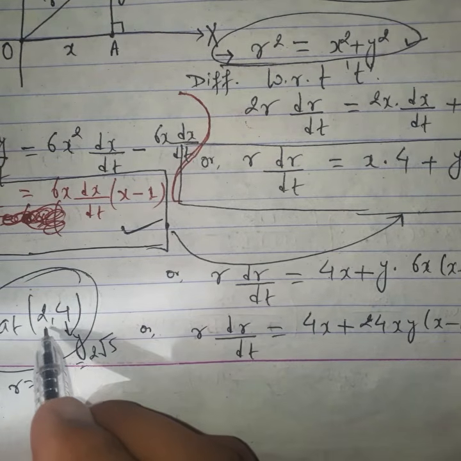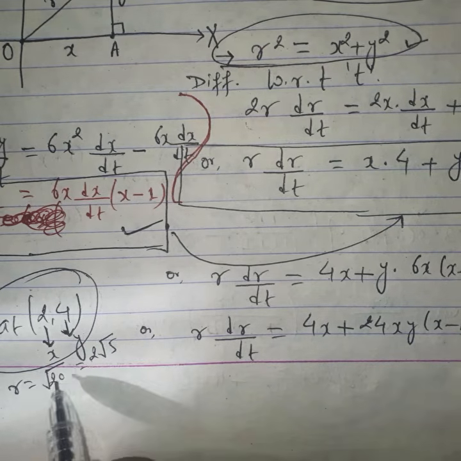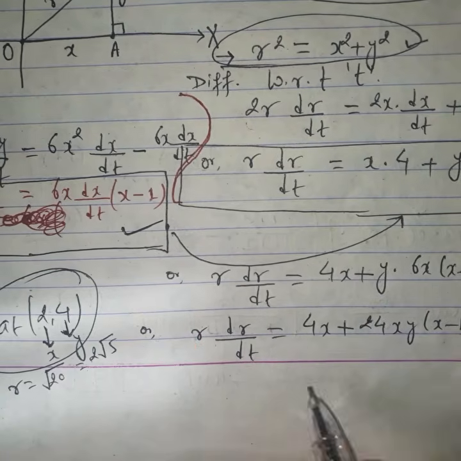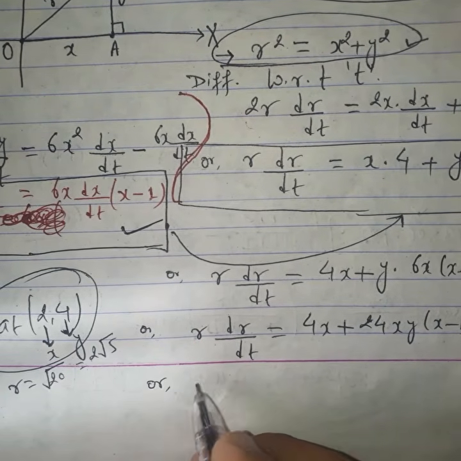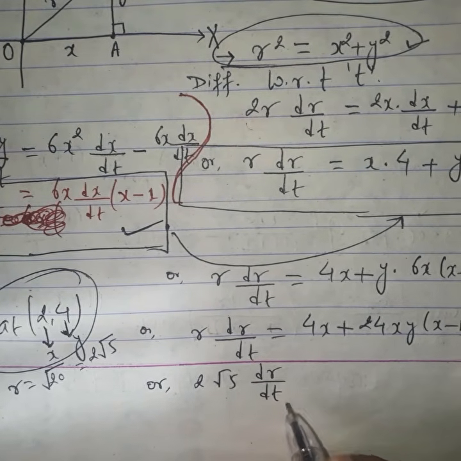Let's plug in the value of x as 2, the value of y as 4, and the value of r as 2 root 5 in these equations. Our target is to find dr over dt.